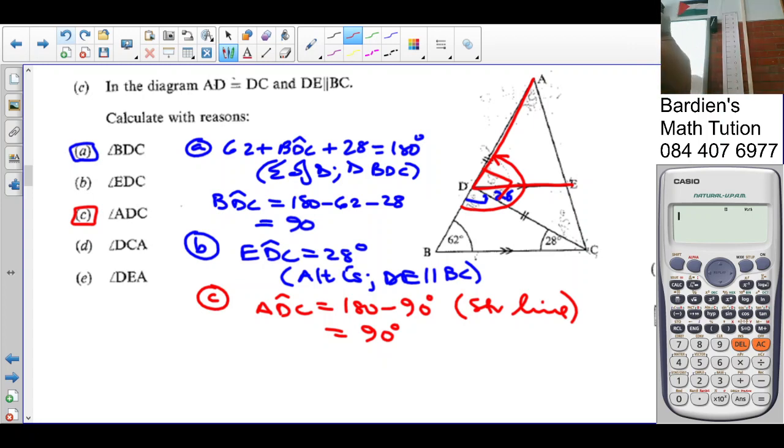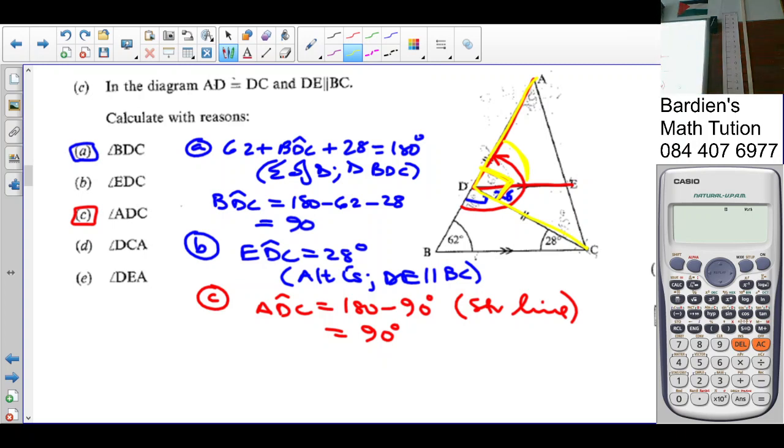But now, if we look at the question, the angle they want is ADC, which is this angle here, and not this angle here. You see the difference?